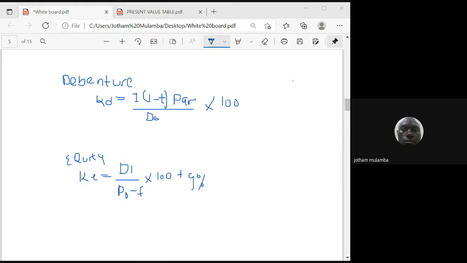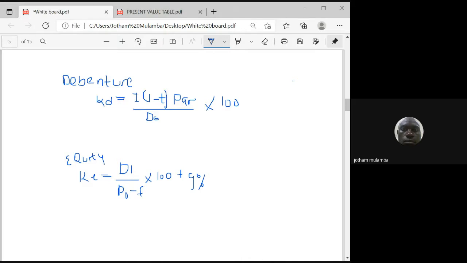Okay, in the interest of time, you have seen 30 shillings? Is it 20? There's 20, and you have also seen the market value of ordinary shares, 30. So we'll subtract to get 10. So we'll use that 10.